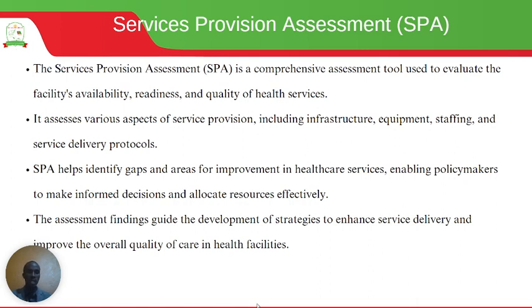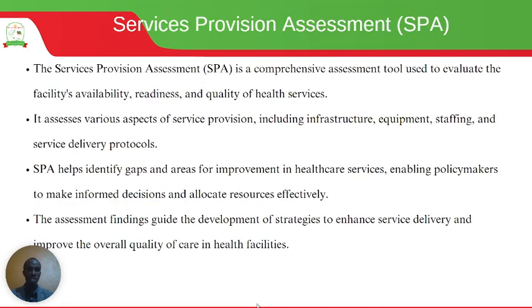But also, we enable policymakers to make informed decisions to allocate those resources that are needed to fill those gaps that we have identified using this service provision assessment. So, the findings from such an assessment guide the development of strategies to enhance service delivery and improve the overall quality of care in a particular health facility that we have conducted this SPA in.